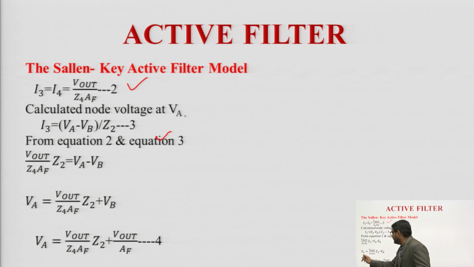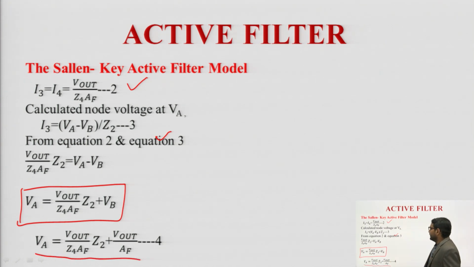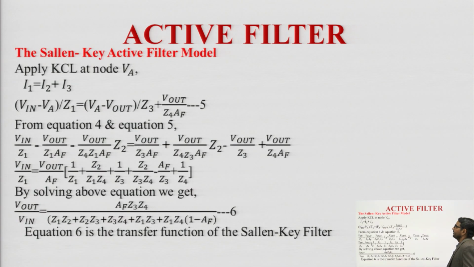Then VA equals V out Z2 by Z4 AF plus VB. Since VB is also unknown and equals V out by AF, we finally find VA in terms of V out. That is equation 4.